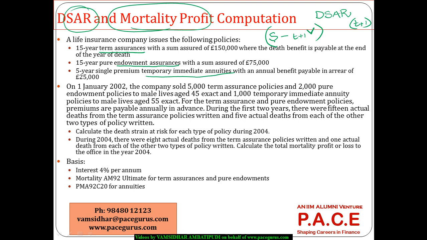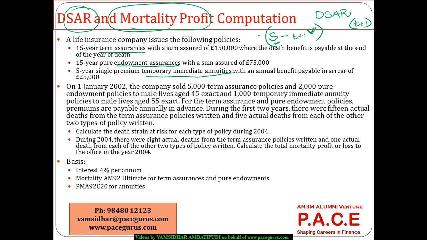Whatever the company has planned as the reserves at the end of T plus 1, and I'm looking at the death benefit that has to be paid. The excess is what we call the death strain for the year T plus 1.